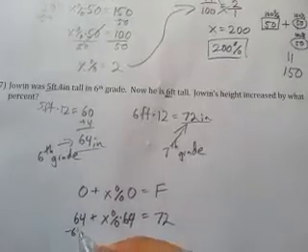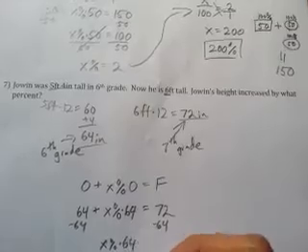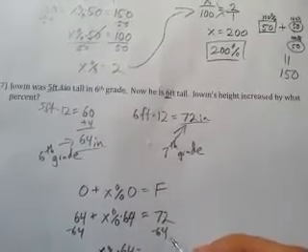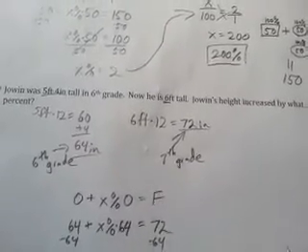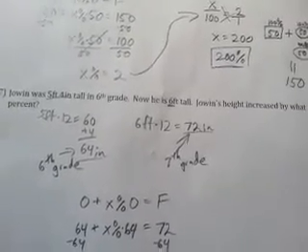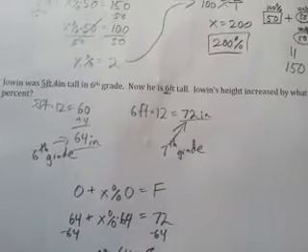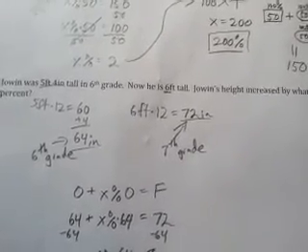So I subtract 64, I get X percent of 64, and in this case when I subtract, I get 8. Wait, do I get 8? Yeah, I get 8. Now I'm going to divide both sides by 64 because I want X percent to be alone.